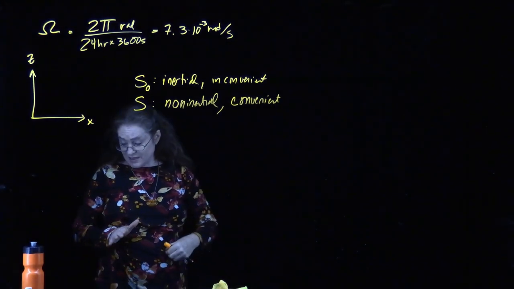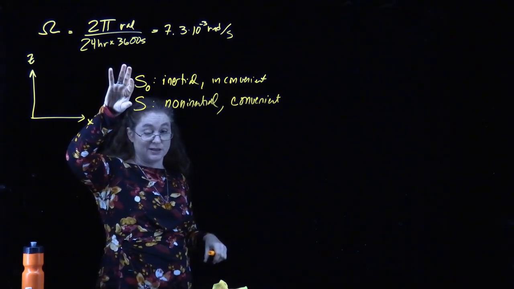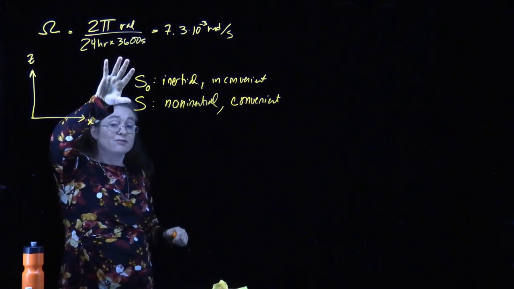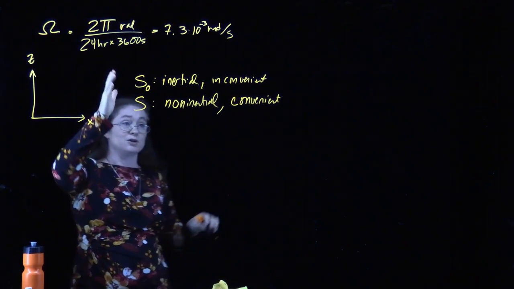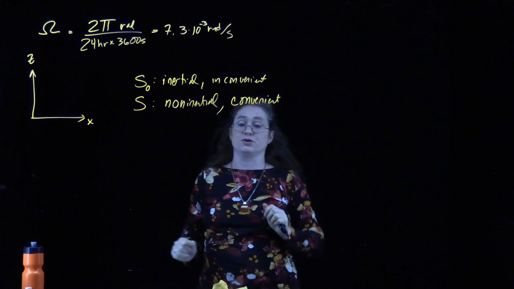The notation in this chapter gets a little bit dicey because I have to be very careful about distinguishing when we're talking about the inertial reference frame and when we're talking about the non-inertial reference frame.